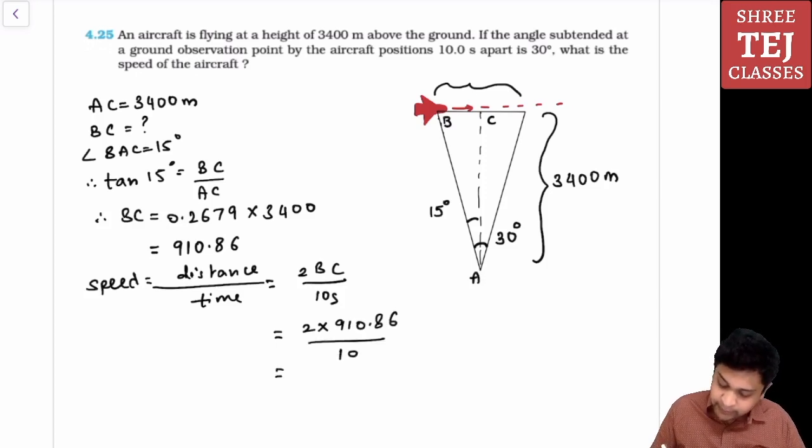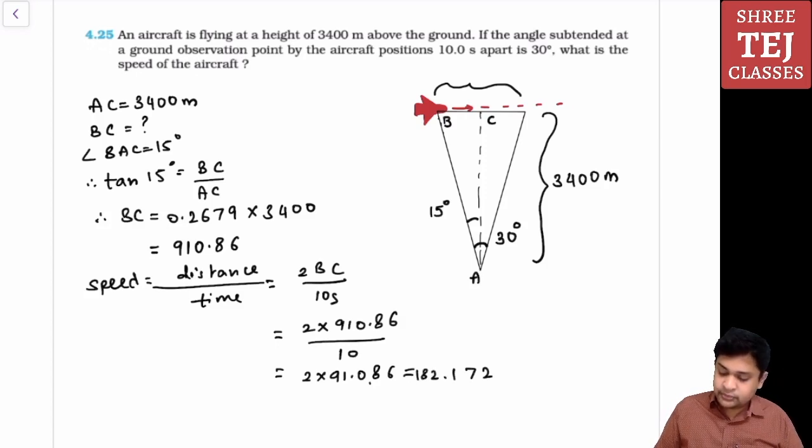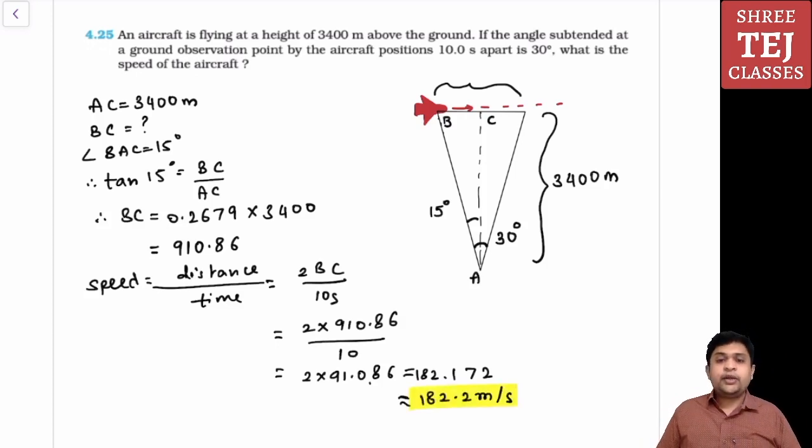So this would be 2 into 91.086, which is 182.17. So approximately 182.2 meters per second. So the speed of the aircraft would be 182.2 meters per second.